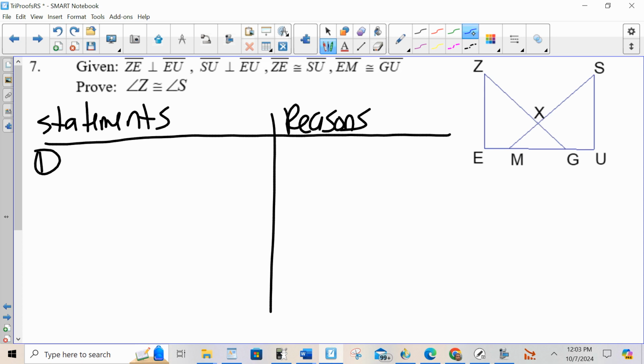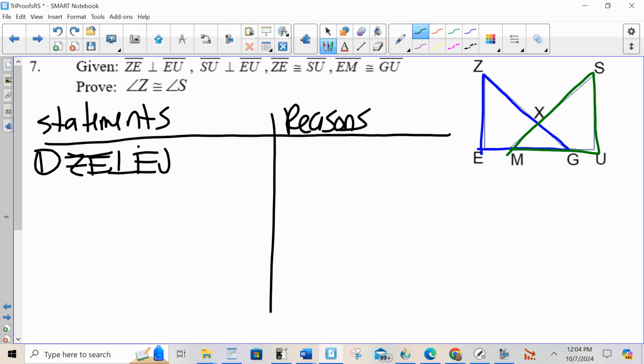I see the blue, and I see the green. So I start with the first given, ZE is perpendicular to EU, and sometimes perpendicular comes in pairs, so I'm going to state the other perpendicular as well. Given.